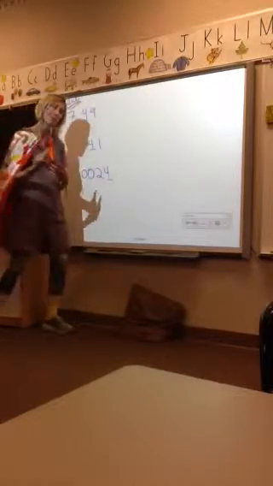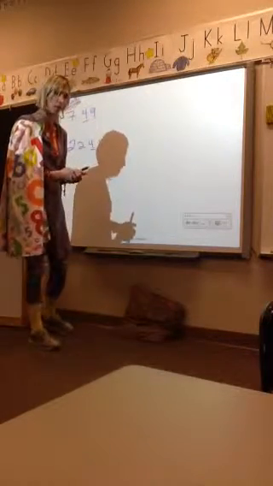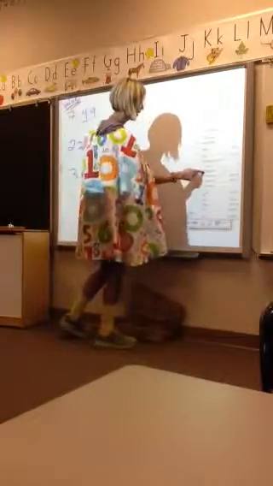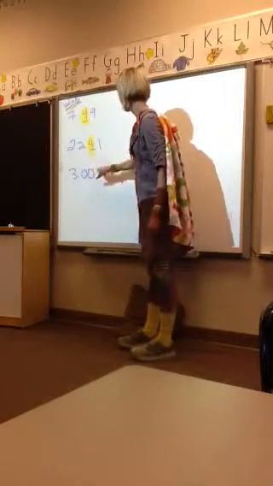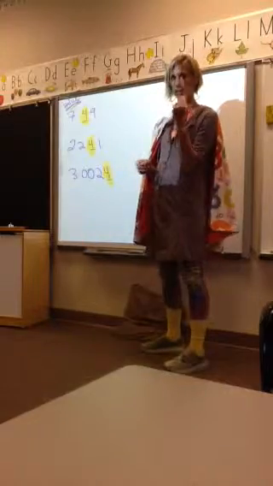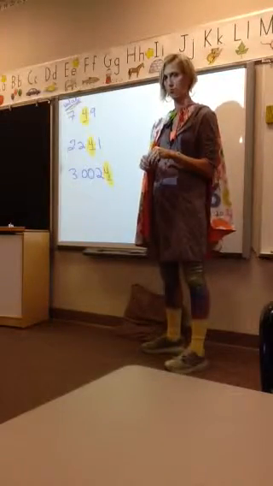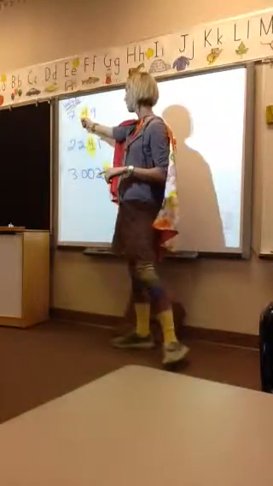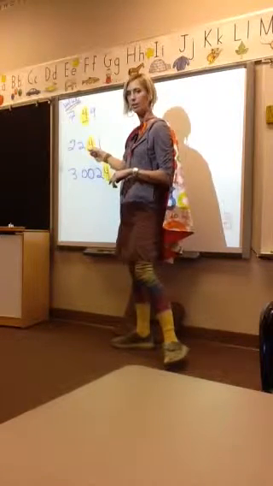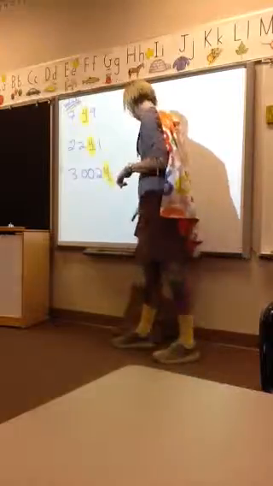In this case, I was stepping it up and saying, tell me the value of the underlined digit. In this case, I have highlighted the same digit in each one of these numbers. They're the digit of 4. I have 4, the number 4. The number 4 here represents a different value than the number 4 here and here.